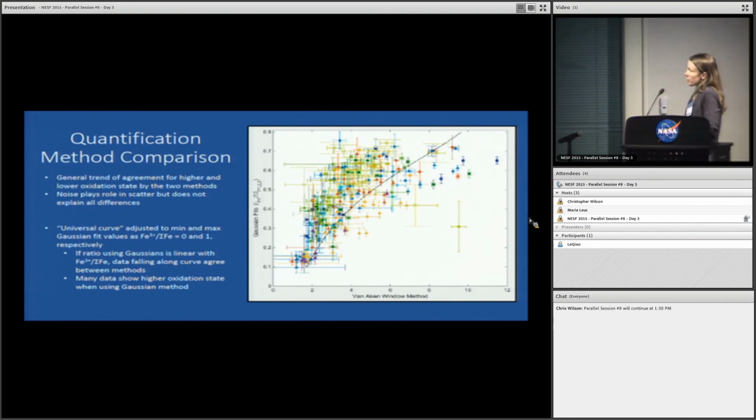And then just to bring this back to trying to use these as standards and quantify exactly what the oxidation state is, although in one sense it's very clear qualitatively that we're able to separate these oxidation states. Comparing the two methods, I showed the window method and these Gaussian fits.